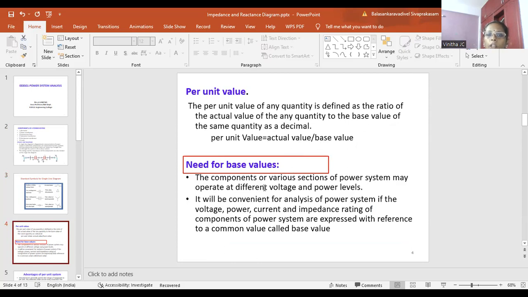Actually, all the components or various sections of power system may operate at different voltage and power levels. So, we cannot take the values as they are. So, for analysis purpose, all the voltages, power, current, and impedance of all the components are expressed with reference to a common value that is termed as base values. So after taking the base values, we can calculate the per unit value for analysis purpose.